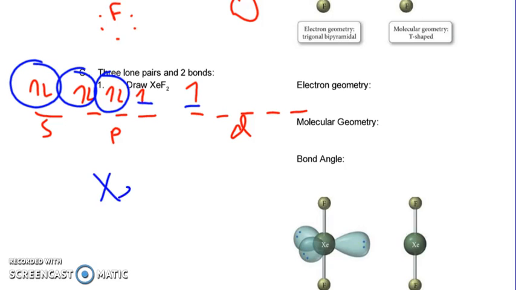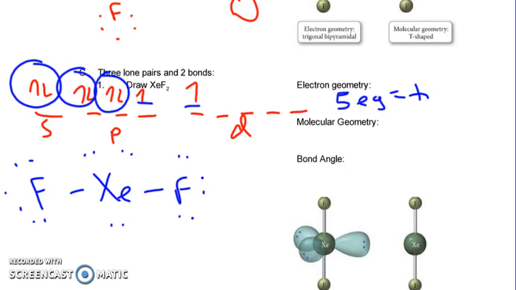So here's my xenon. I have 3 lone pairs, yep, they're going to go in the middle, and I guess those are fluorines, aren't they? And they probably look like this. So if you start with that base shape, I'll help you do this again. 5 electron groups is trigonal bipyramidal, right? And my molecular geometry, watch.